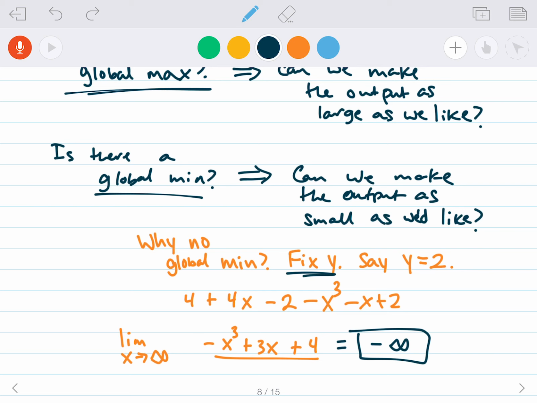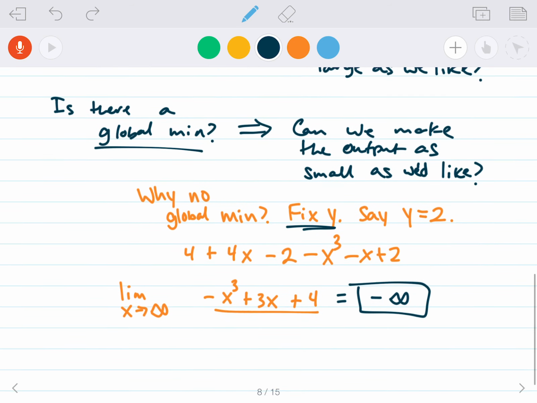And we can do the same kind of trick with the global max. So for the global max, if instead we look at the limit as x goes to negative infinity of negative x cubed plus 3x plus 4, well, then this is going to go to positive infinity, right?